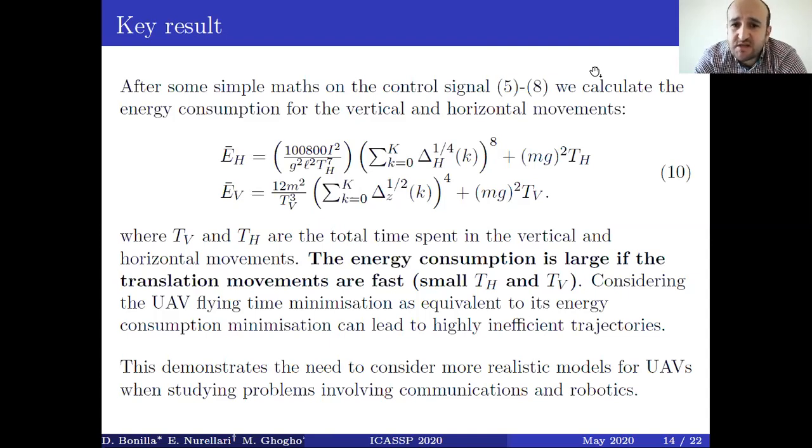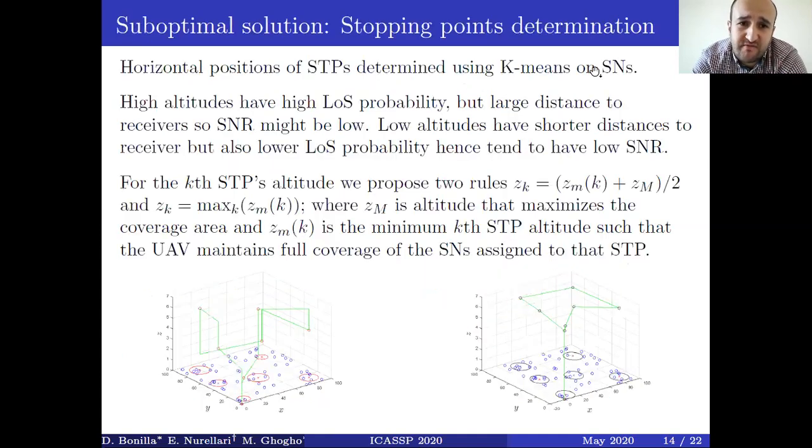This is not the case, and it's a very interesting result, and that is the main point of our results in this paper. Again, this demonstrates that the signal processing community needs to adopt more realistic models when dealing with such a problem, especially with the 3D UAV trajectory.